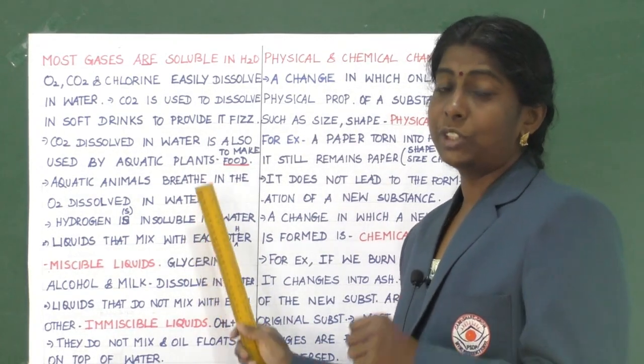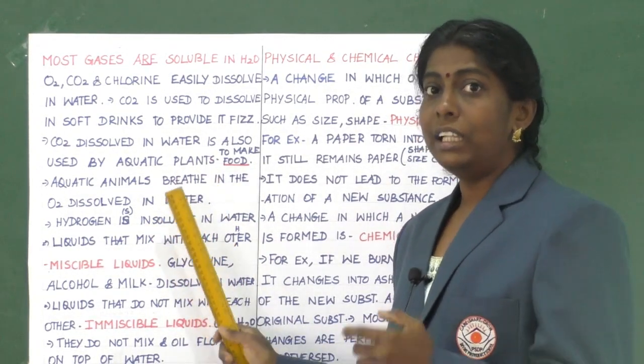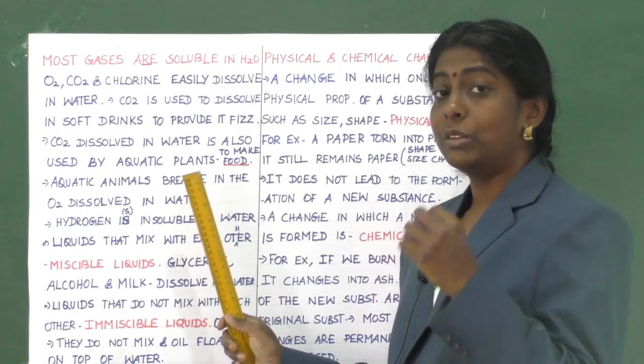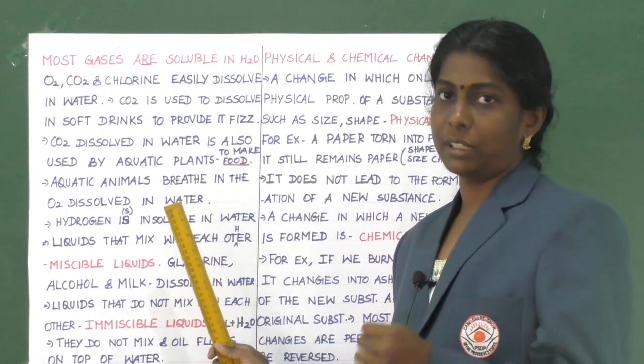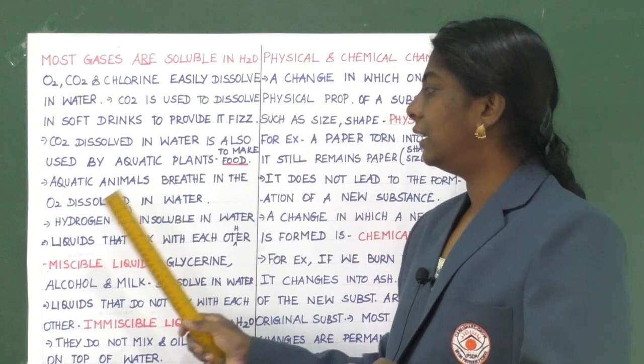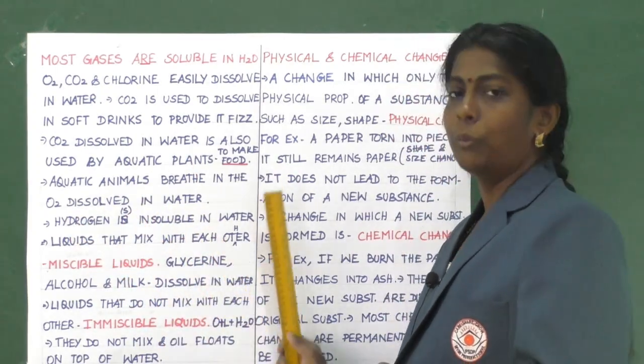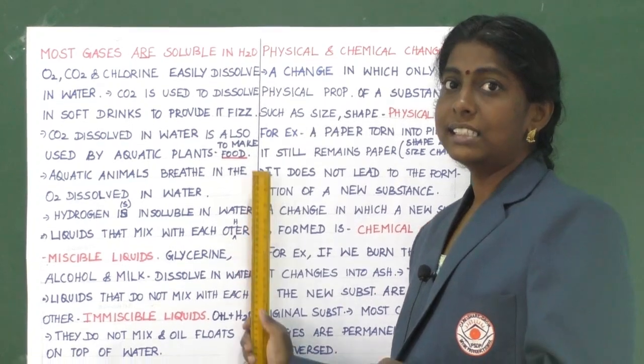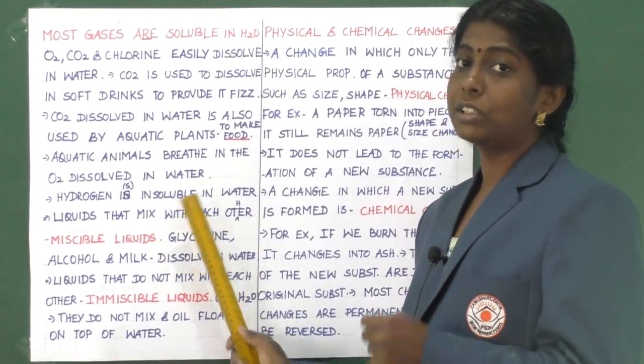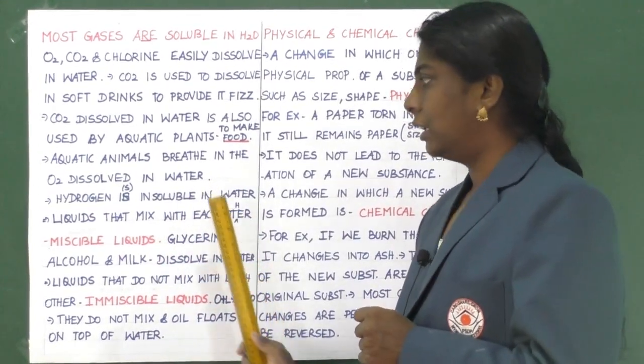So the animals living in water take in the oxygen dissolved in water. Clear? Then hydrogen is insoluble in water. It is not soluble in water.